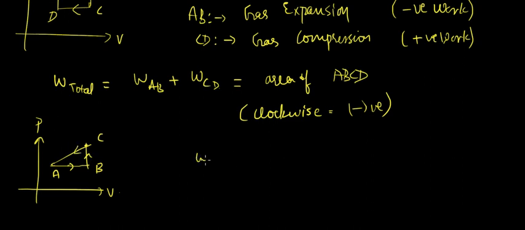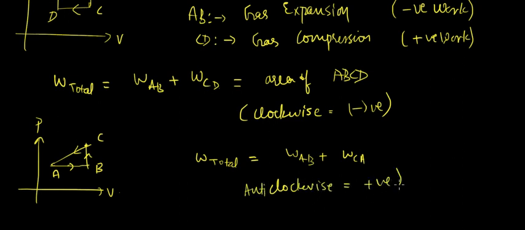So work done total in this case would be work done across A to B, work done across B to C would be 0 because it is at constant volume, then work done across C to A. As it is anti-clockwise, the sign would be positive, because in clockwise we take total work done as a convention to be negative, and in anti-clockwise cyclic process we take the work done to be positive.